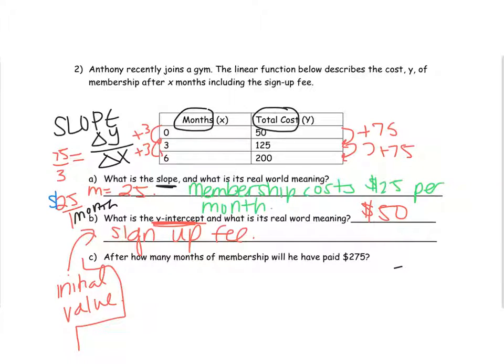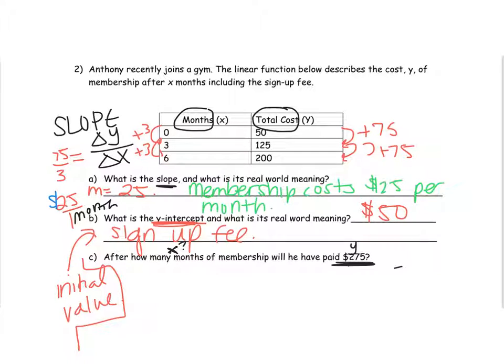And finally, after how many months of membership? I know months are X, so I'm trying to find an X here. After how many months of membership will he have paid a total of $275, so that's a Y. Right, so now, the only way I could figure that out is perhaps continuing the table, okay?